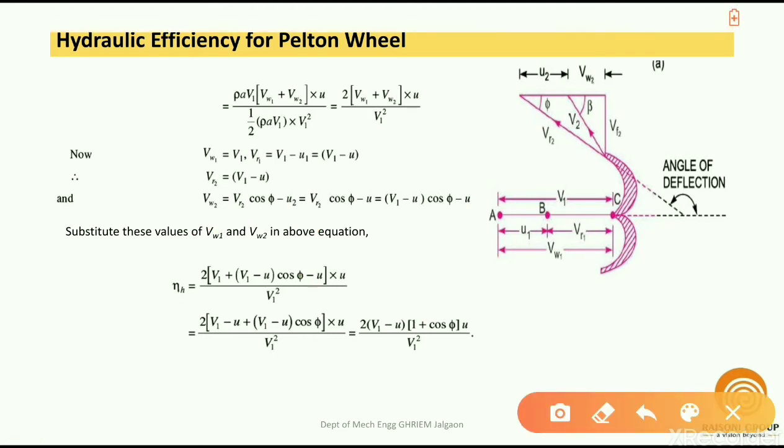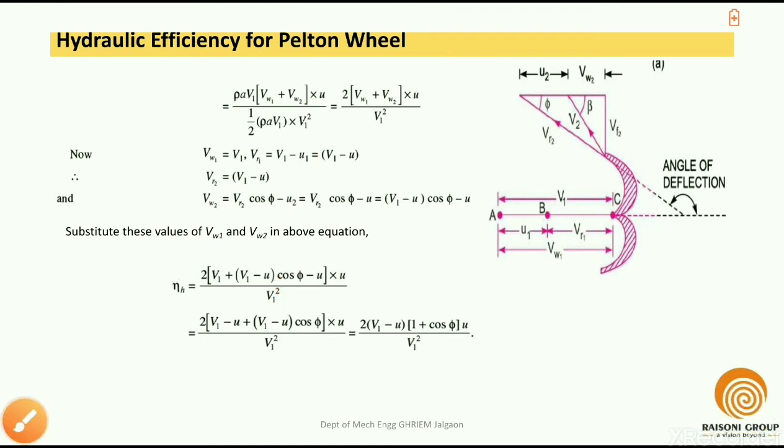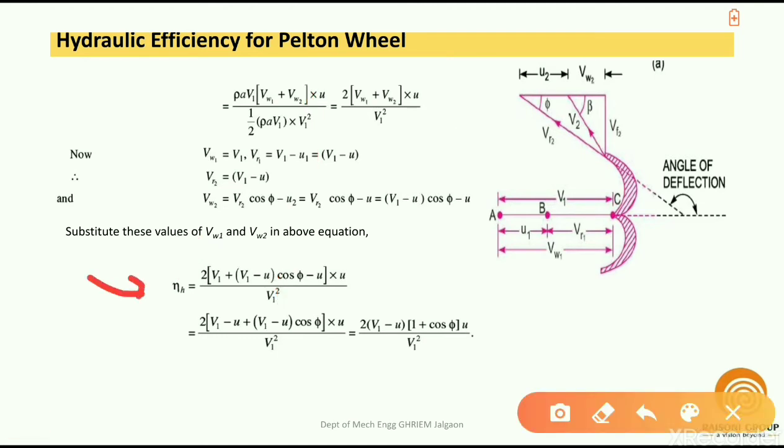Now substituting these values of Vw1 and Vw2 in the above equation, we will get the equation like this. Hydraulic efficiency is equal to 2 multiplied by, in the bracket, V1. Instead of Vw1 we have replaced it as V1, and instead of Vw2 we have replaced it by (V1 minus u) cos phi minus u.